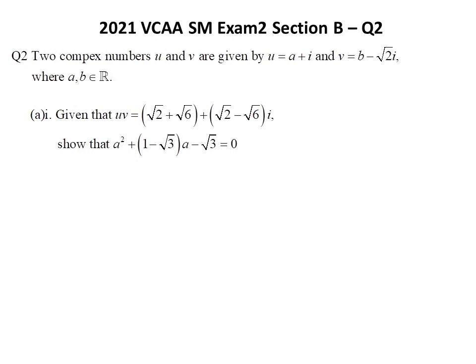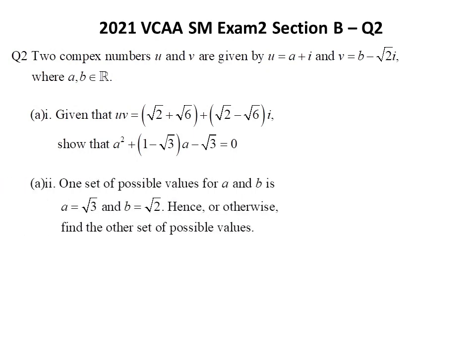The question in section 1 of part A is to show that (a squared plus (1 minus square root 3)) times a minus square root 3 equals 0, given that u times v equals (square root 2 plus square root 6) plus (square root 2 minus square root 6) i.